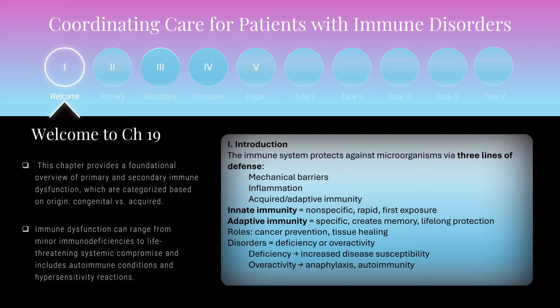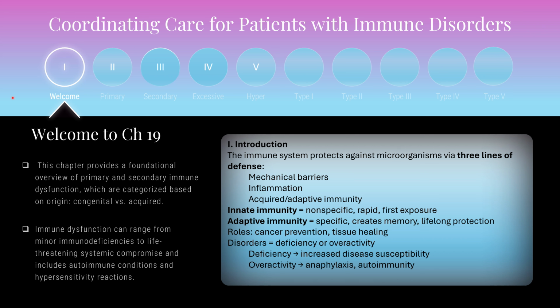But it also talks about excessive immune response and hypersensitivity, and this one has 5 types, with not much on the 5th, so it's like an overview.